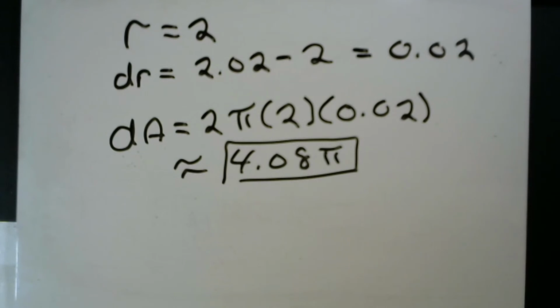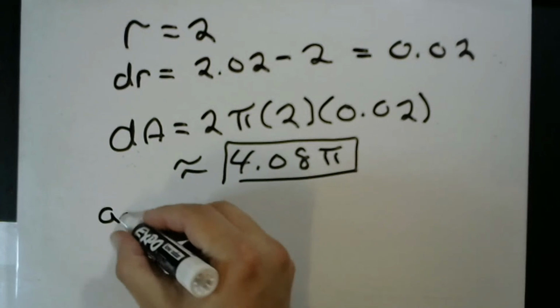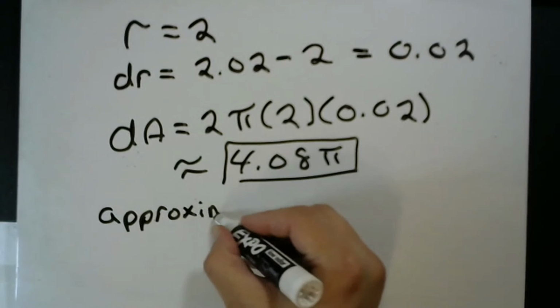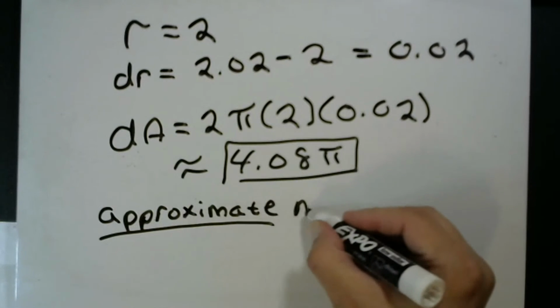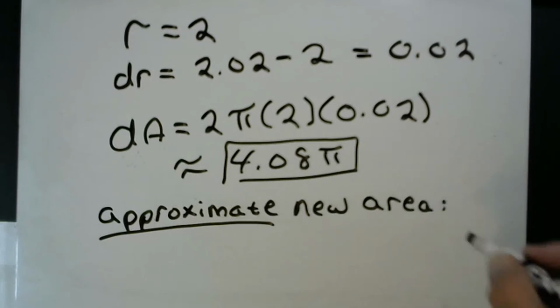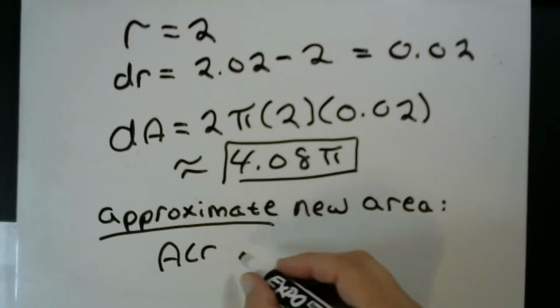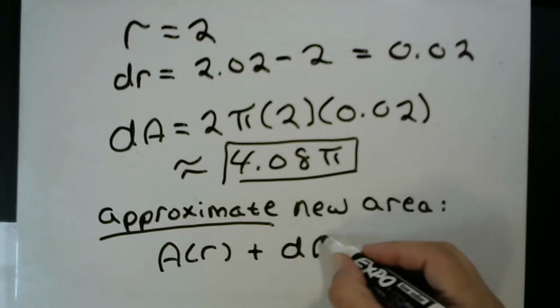Now, to find what the approximate new area is, we'll take the area computed at this radius of 2 plus the change.